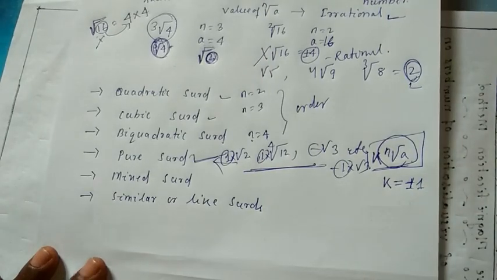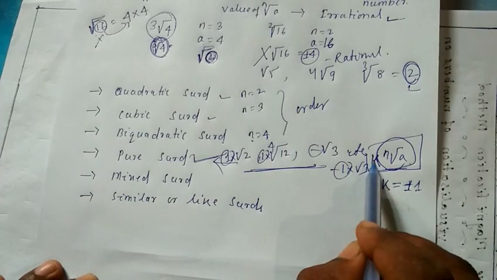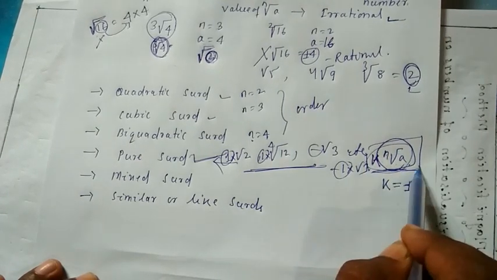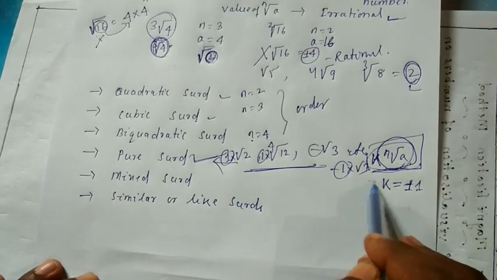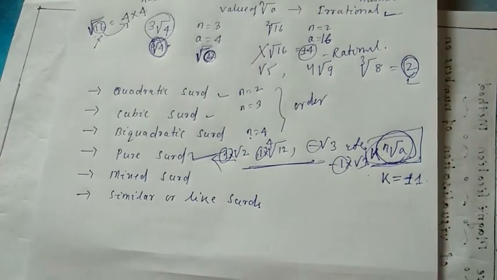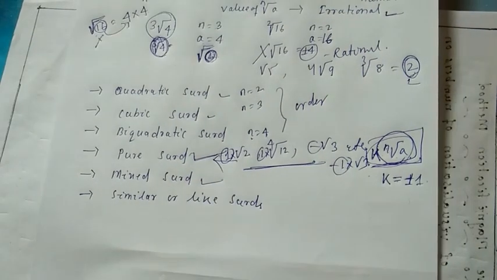K is equal to plus minus 1. K into nth root of a will become a pure surd if the condition is k is equal to plus minus 1. Remember.